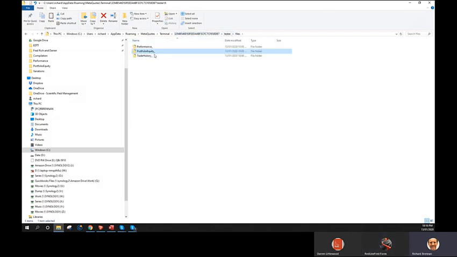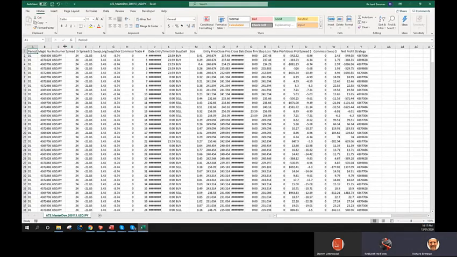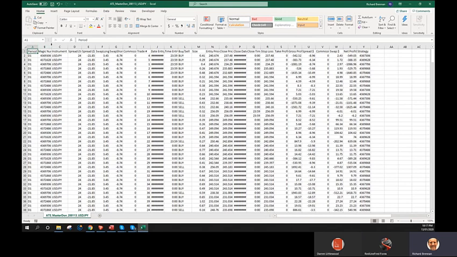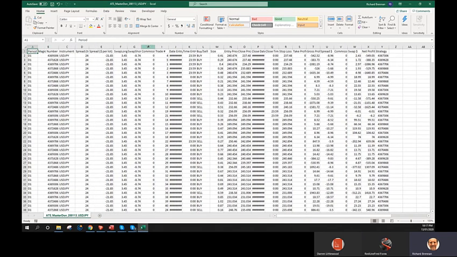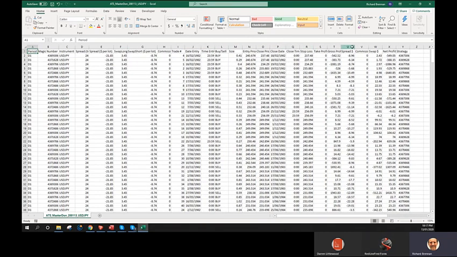Let's quickly go into the trade history files. So let's go to USD JPY here. So this gives us a complete trade history for each of the trades undertaken with the test. It includes all of our costs, such as our spread, our commission, any swap costs.